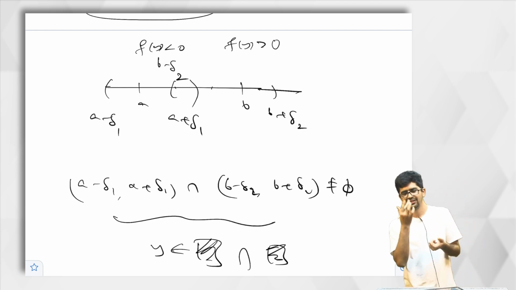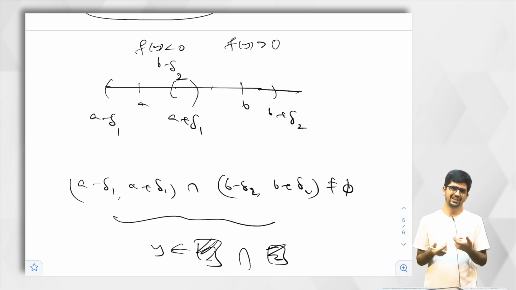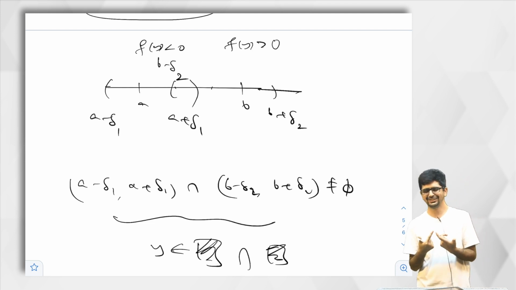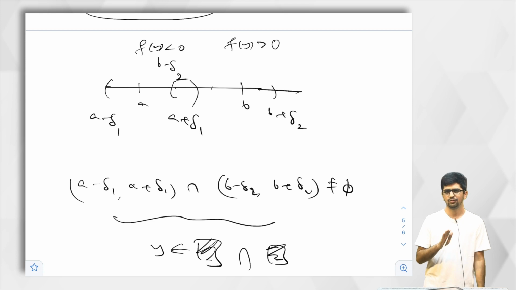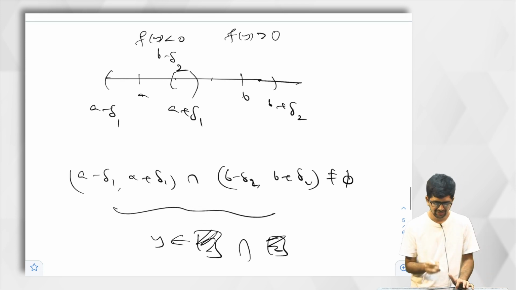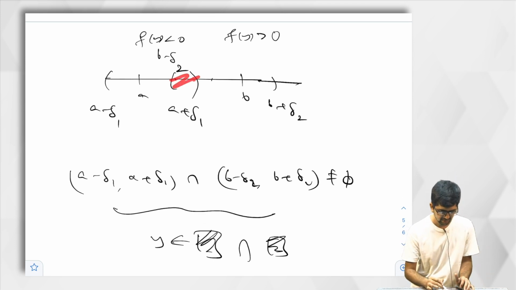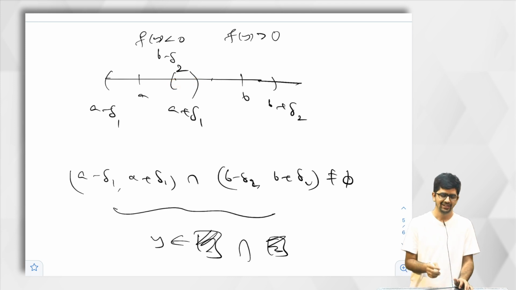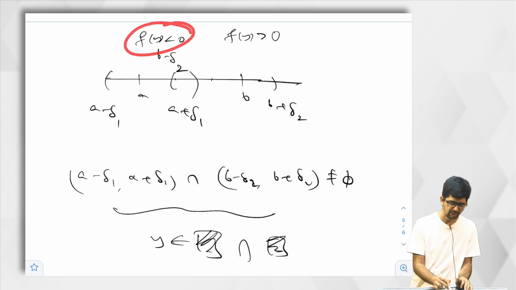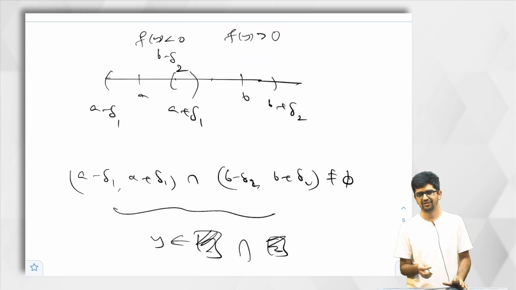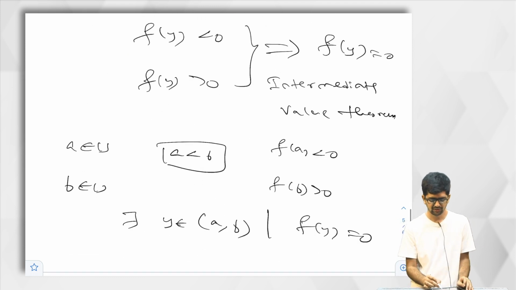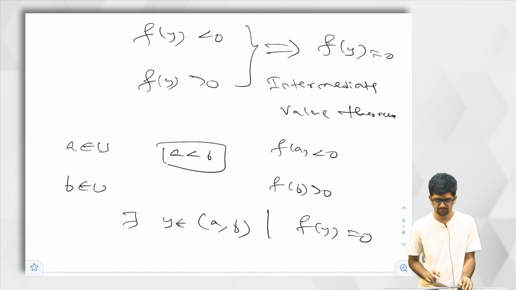There are two intervals. One possibility is they intersect. There is no problem with that. If they intersect, what we get is the following. At the point of intersection, f satisfies this property and this property, which means f of y is 0. That is what I called the intermediate value theorem.